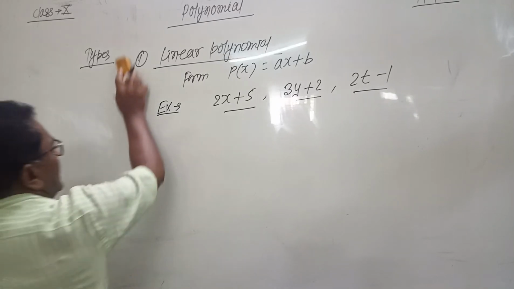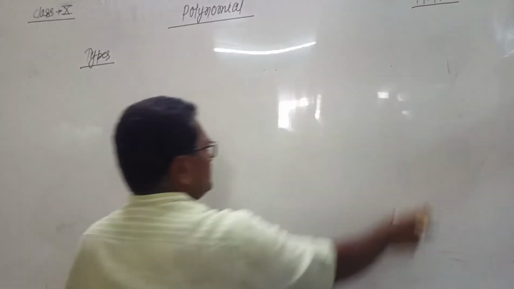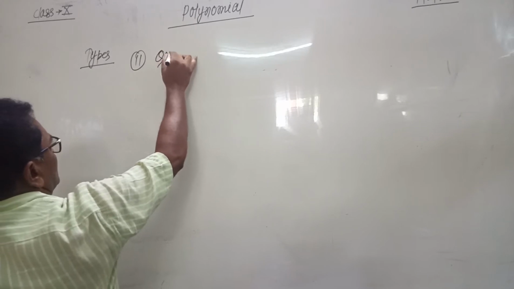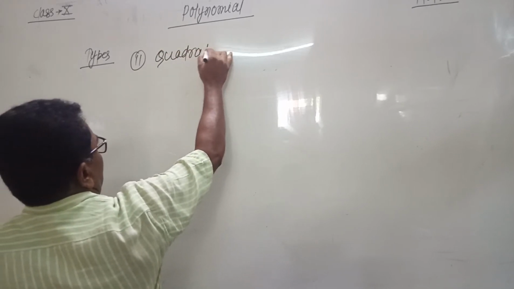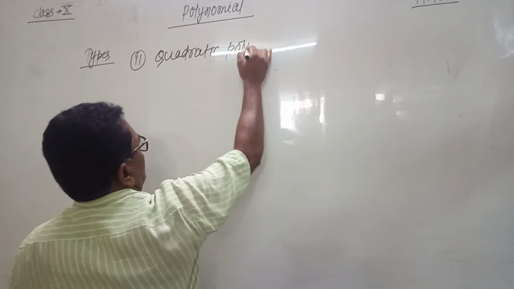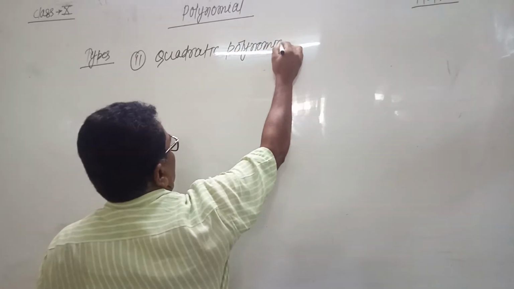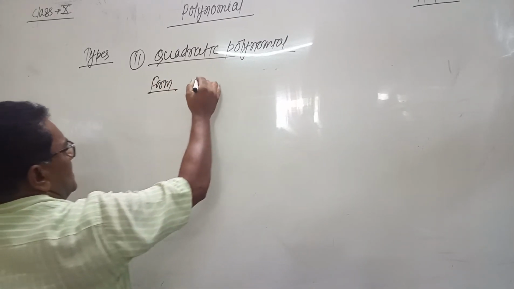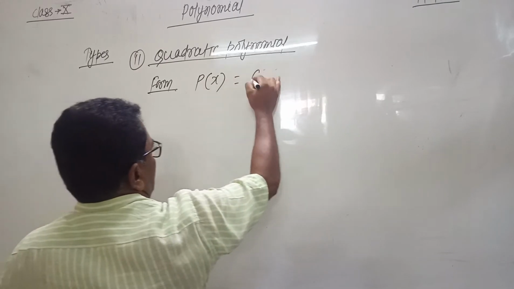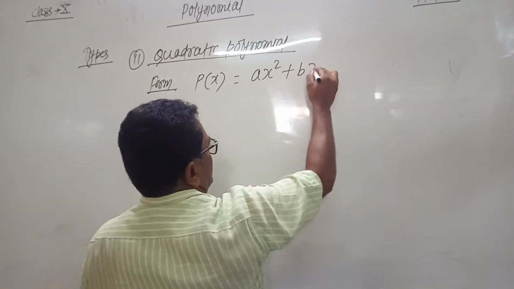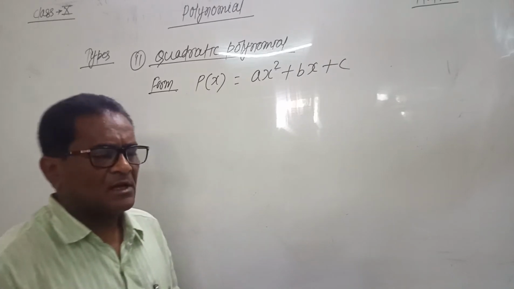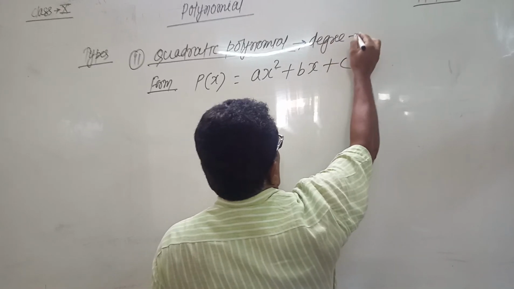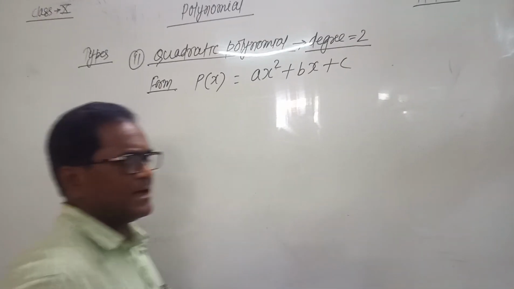Now, the second is quadratic polynomial. The form of a quadratic polynomial is px equals ax square plus bx plus c. The degree of a quadratic polynomial is 2.